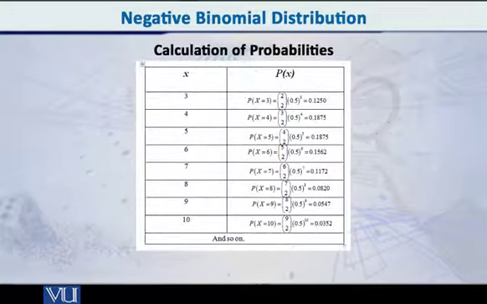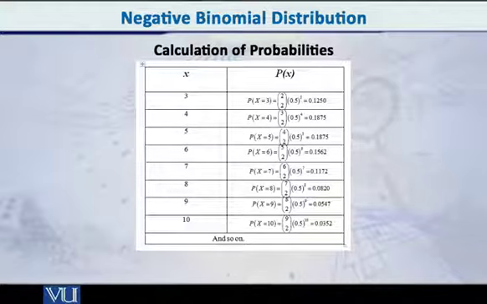So as you can see in the table in front of you, if we let x be 3, 4, 5, 6, 7, 8, 9, 10, and we apply this formula and simply keep putting the values of x in the formula that we just obtained, what are the probabilities that we get? For x equal to 3, the probability is 0.125. For x equal to 4, it is 0.1875.